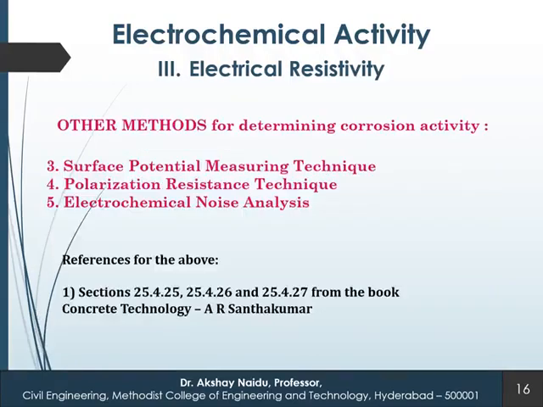There are other tests like surface potential measuring technique, polarization resistance technique, and electrochemical noise analysis. These are beyond the scope of this syllabus. For those of you interested, this is the reference book in which these details are available.